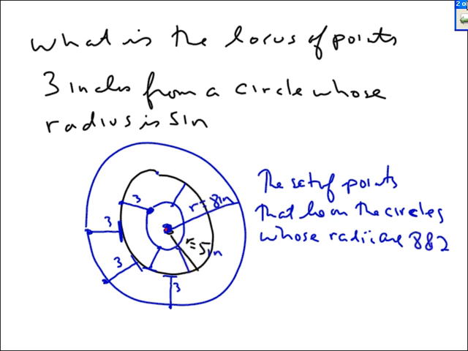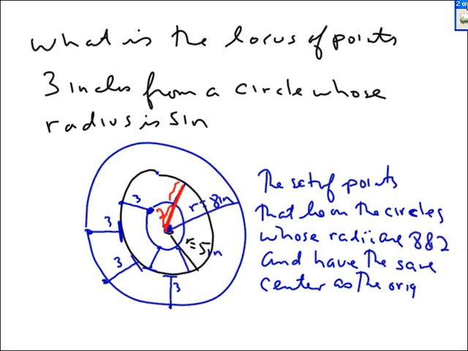Well, if this distance is 5 and that's 3, then the balance is 2. 8 inches and 2 inches. Set of all points that lie on the circles whose radii are 8 and 2 inches and have the same center as the original circle.